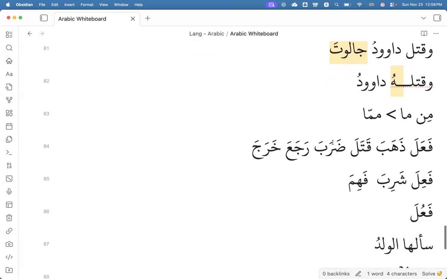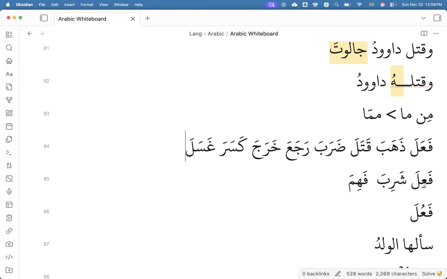Then we also learned that the verbs we have been doing are all fatha, fatha, fatha. ذهب, قتل, ضرب, رجع, خرج, كسر, he broke, right? غسل, he washed. But some verbs are fa'ila.